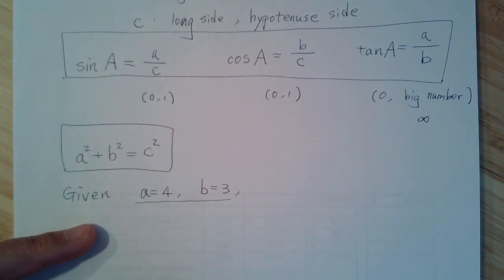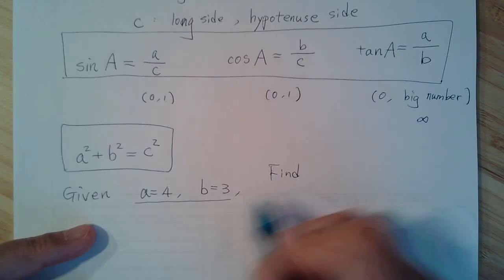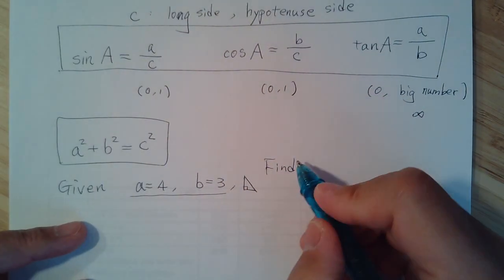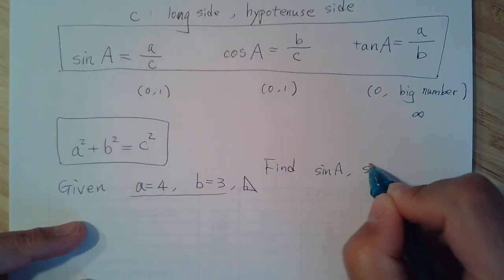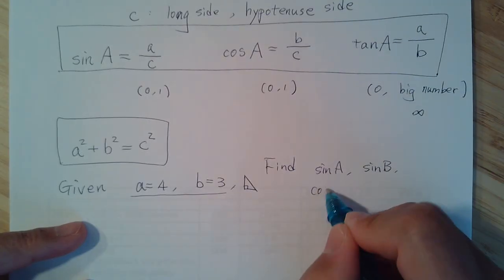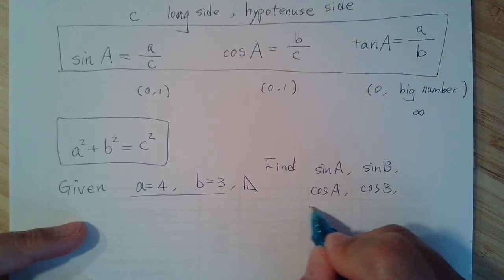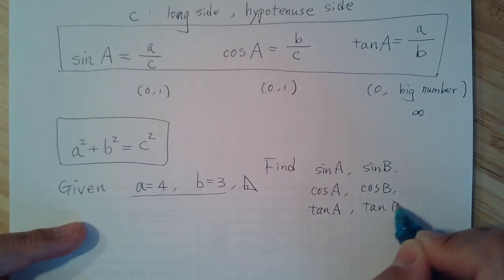I only give you this. It's a right triangle, I just put that as a condition. And I ask you to find sine A, sine B, cosine A, cosine B, tangent A, and tangent B. Can you do that?